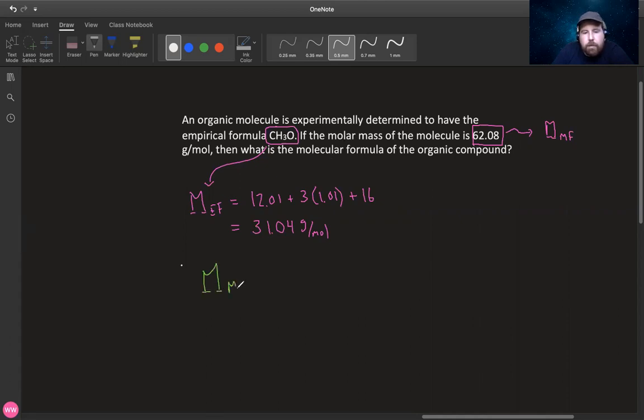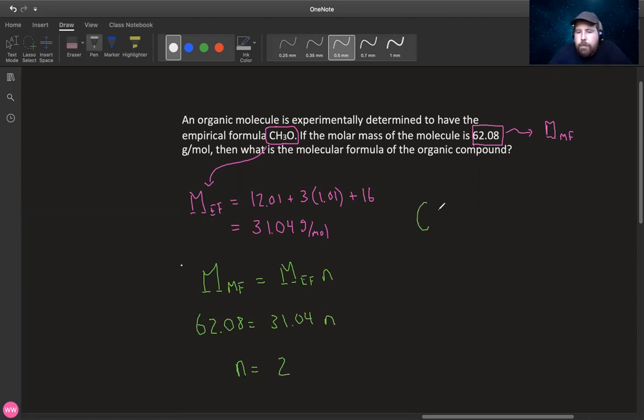But let's continue using our unofficial equation. The molar mass of the molecular formula is equal to the molar mass of the empirical formula times some whole number, and our goal right now is to figure out what this whole number is. 62.08 is equal to 31.04 times n. Dividing this over, we find that n is equal to 2.